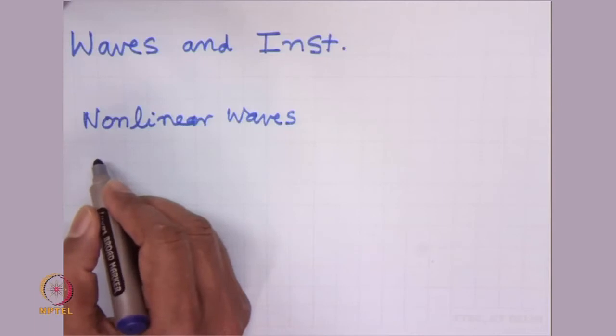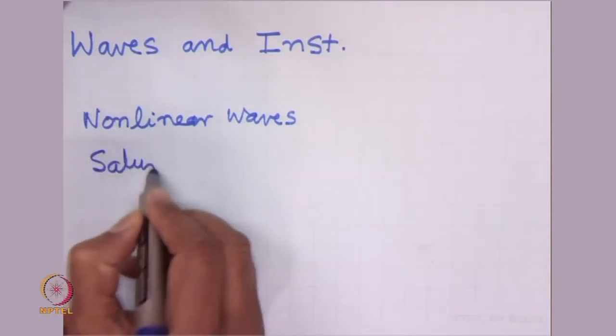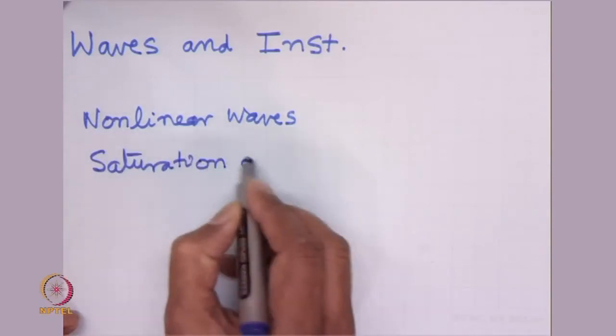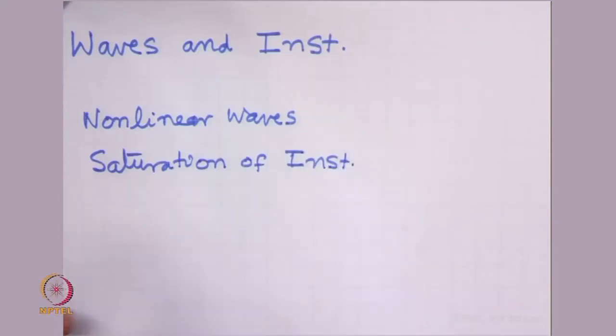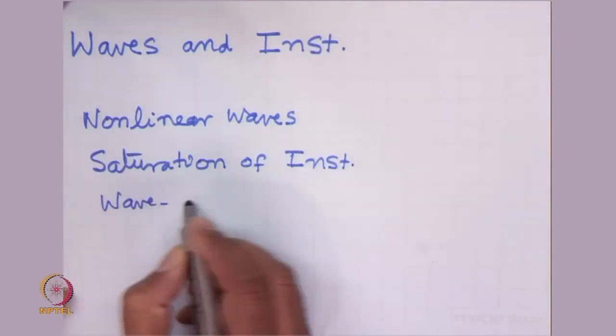And then also we would like to examine, rather one should really examine in detail, the saturation of instabilities, how the instabilities saturate. And in this process of high amplitude wave interaction with plasmas, people discovered that there is a very rich area of plasma physics that talks about wave-wave interaction, nonlinear interaction between waves.